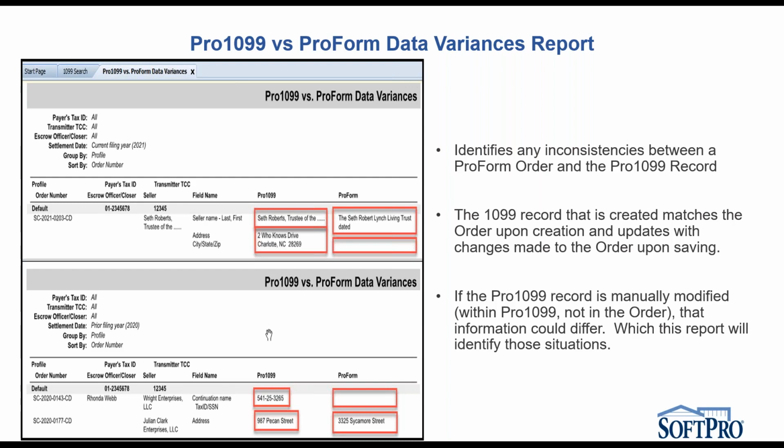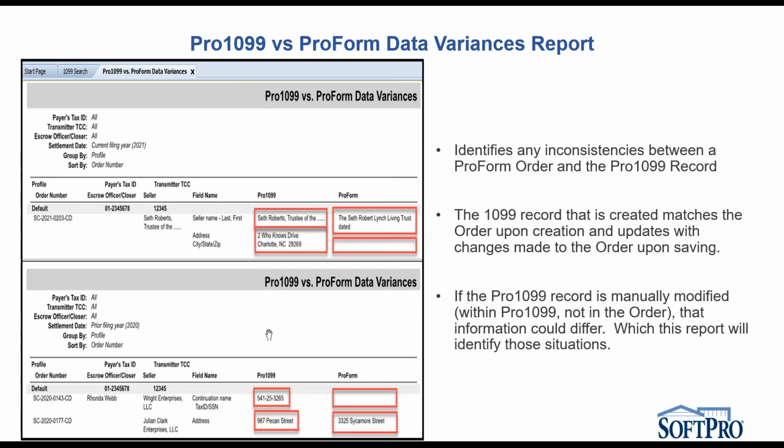And what this report does is, a majority of times you can fix your order to say exactly what you need to per your state's mandates, and usually that fixes it for 1099. So there wouldn't be any extra changes or revisions inside of Pro 1099.